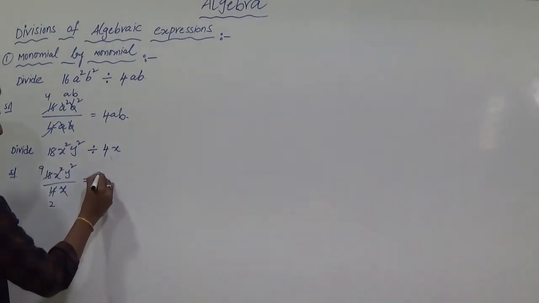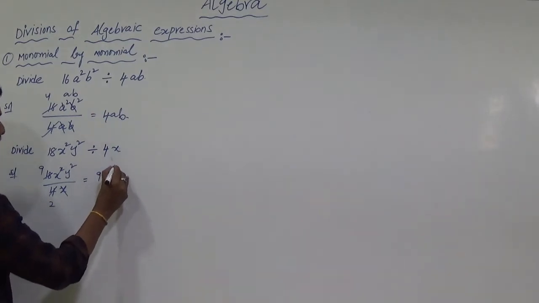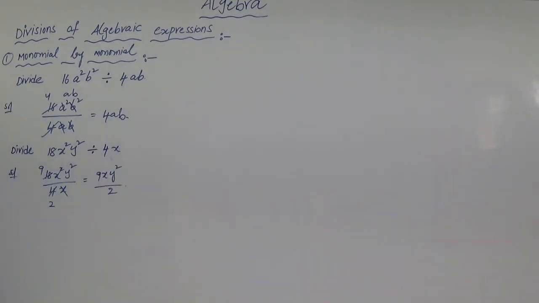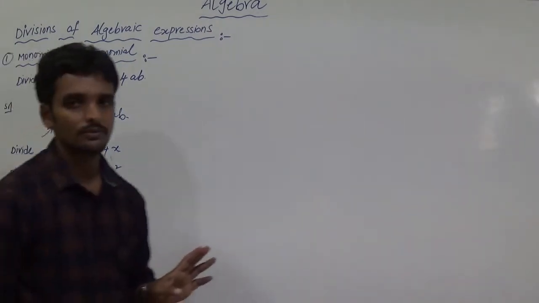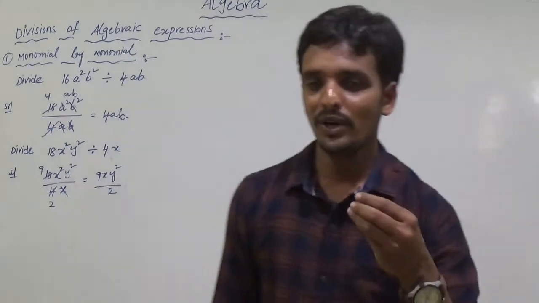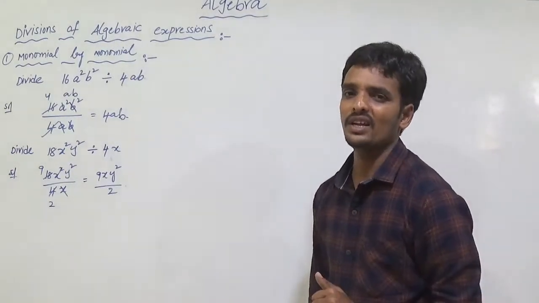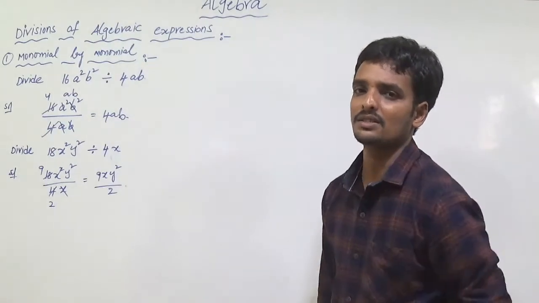So that is equal to 9xy square by 2. y is common. So 18 and 4 cancel by 2 to give 9 by 2. Are you okay? I am concluding this: monomial by monomial is very easy. That's why we get easy answers.